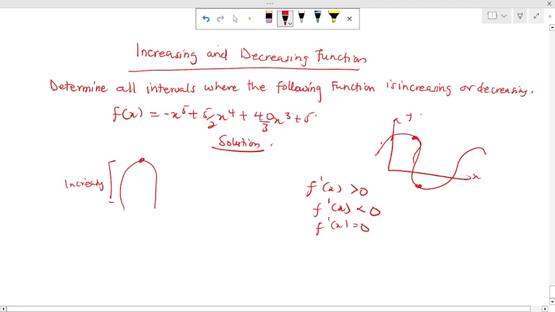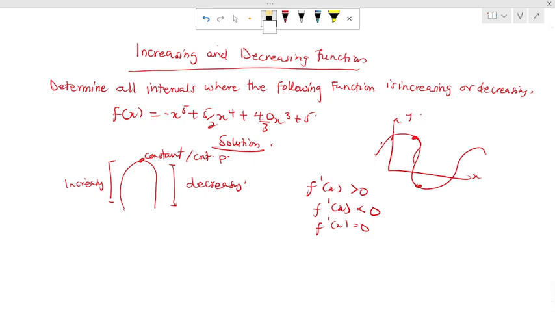Then this part alone will be constant; you can say it's a critical point. Or from here to here will be decreasing. So these are the main parts of the function. And using the derivative, you should be able to find the decreasing interval, the increasing interval and the constant. So let's solve the problem we have here.